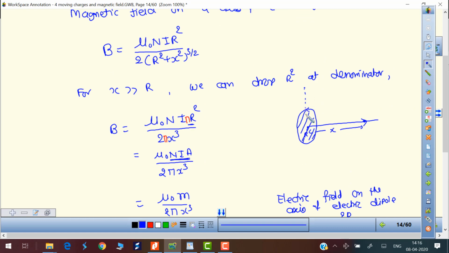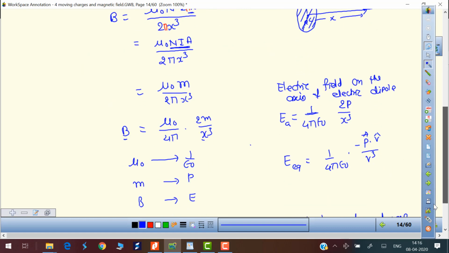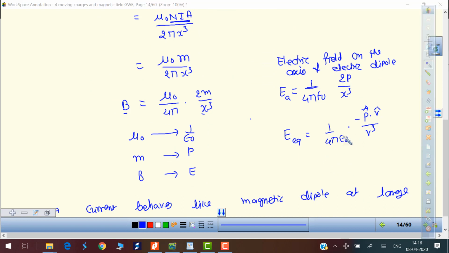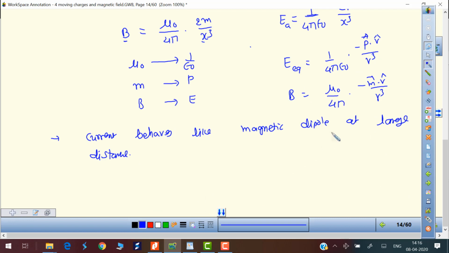So this is the equatorial line. You can write the corresponding formula, mu 0 upon 4 pi, minus m upon r cube. We can use it for large distance. So current loop behaves like magnetic dipole at large distance.